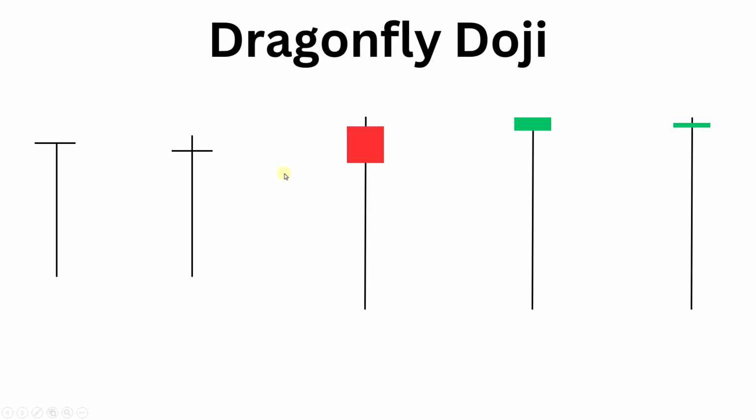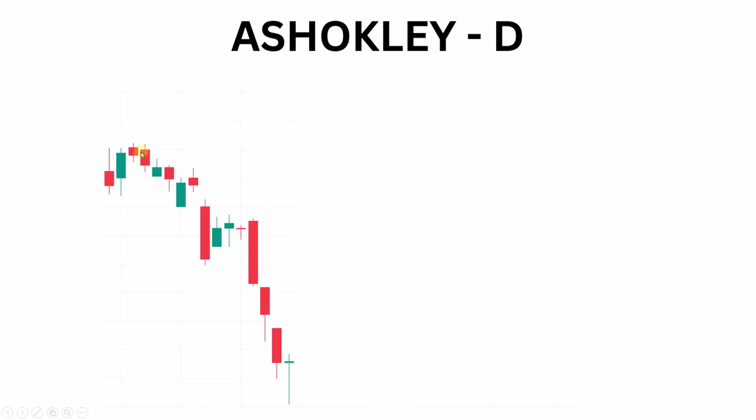Let me show you a chart. Price was coming down and you have a dragonfly doji. Of course, this is not a perfect dragonfly doji, because a perfect one would have the opening price, the body or the line, on the top. This is not a perfect dragonfly doji, but this is a valid one.